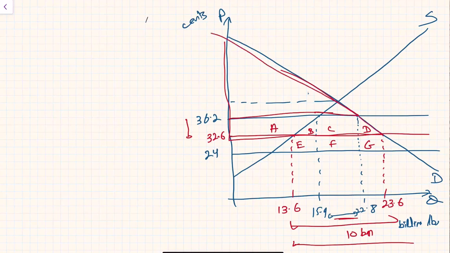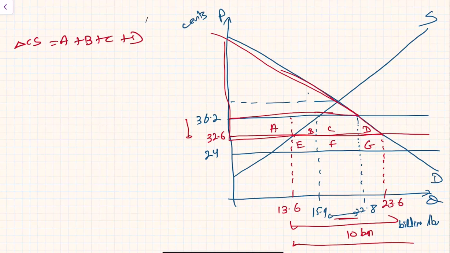So essentially the difference is the areas A, B, C, and D. So our change in consumer surplus is areas A, B, C, and D. Now what's neat about this graph is that because we're given the quantities and the price, we can actually calculate these areas A, B, C, and D in dollars.